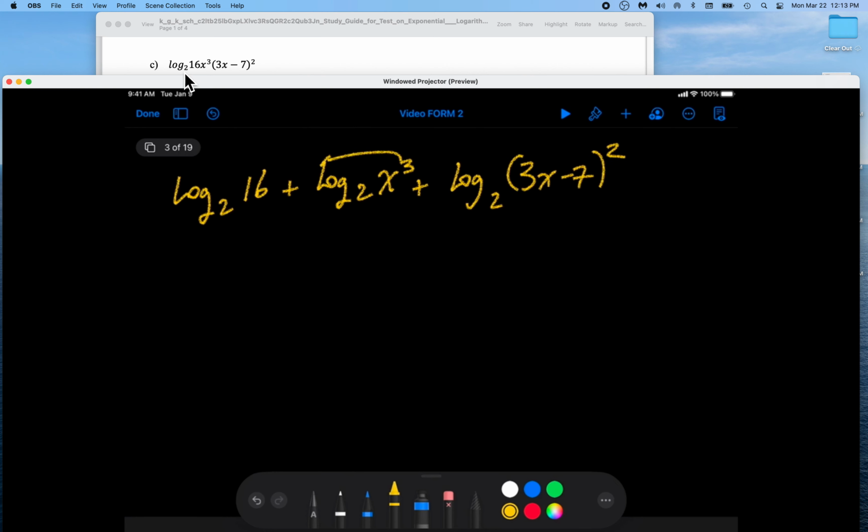Next, we're going to pull the exponents out in front, and we're going to evaluate that.